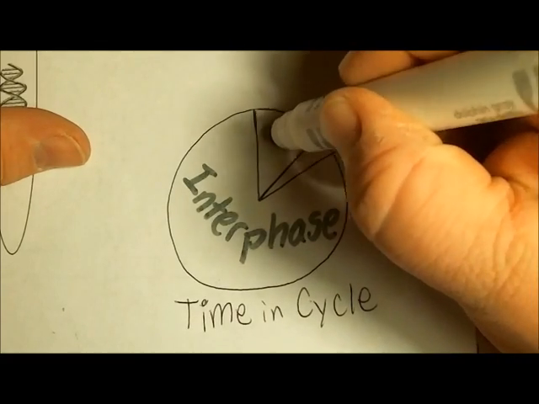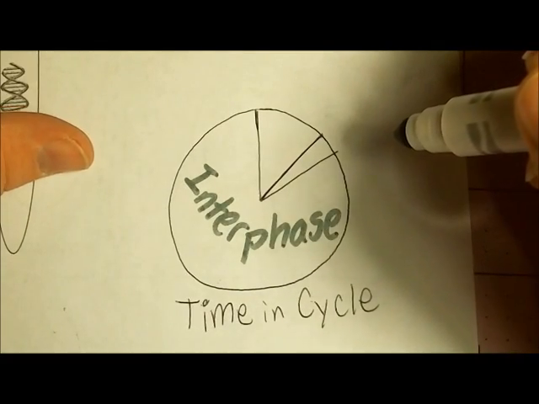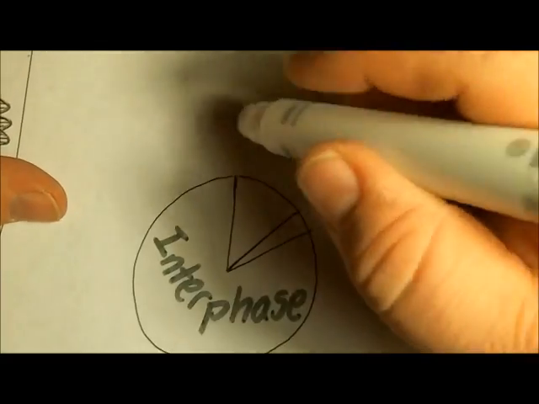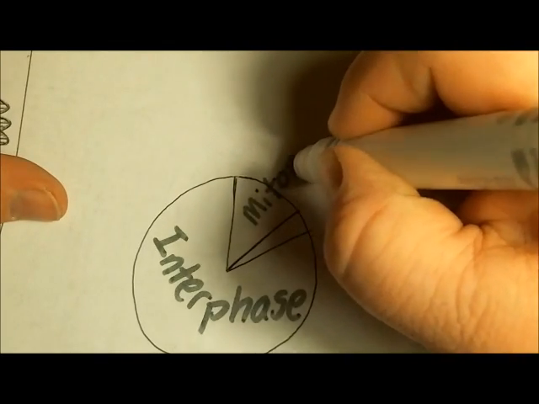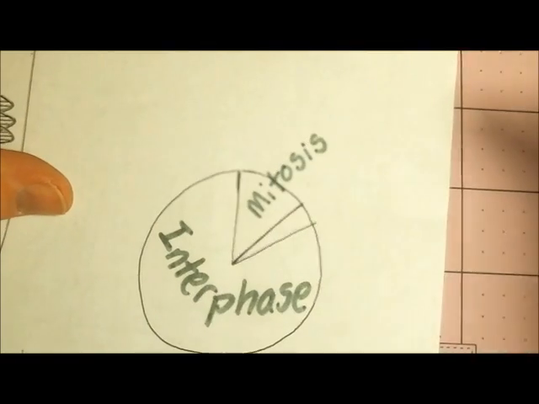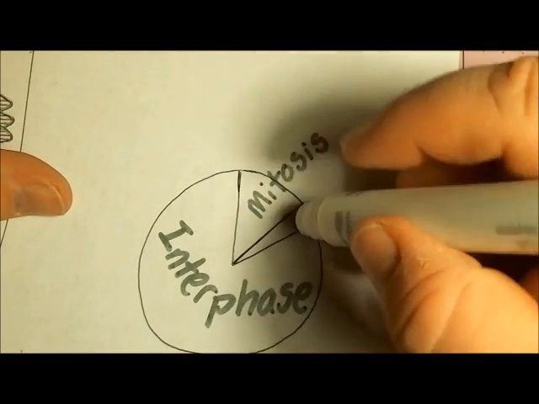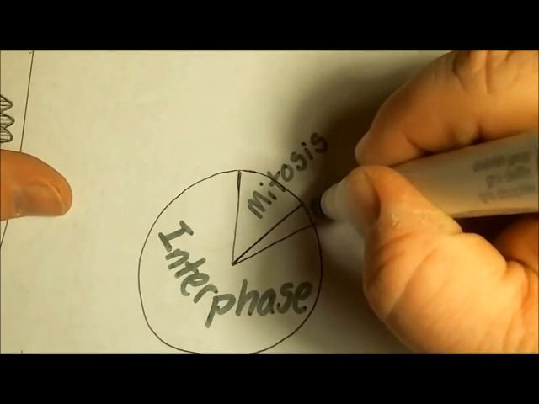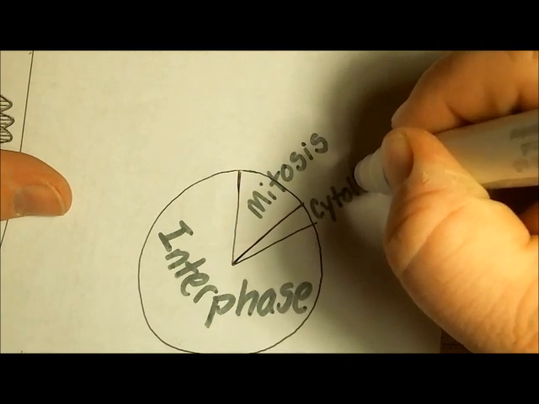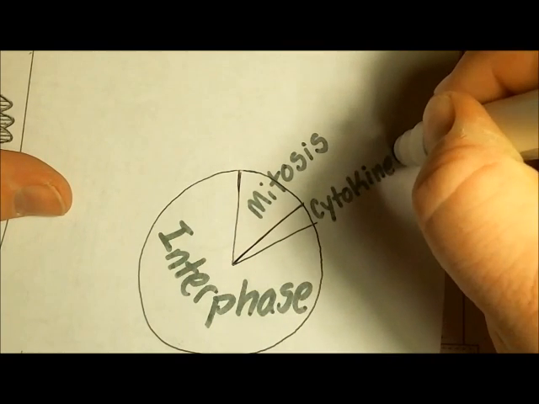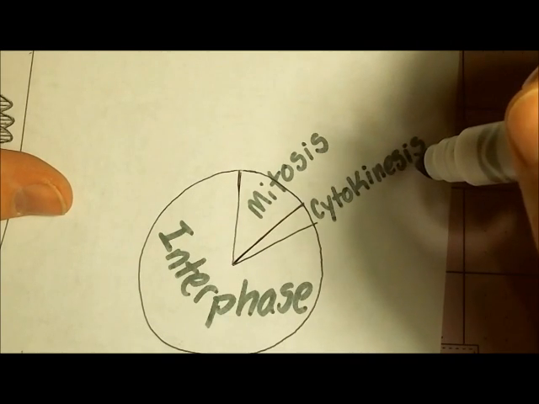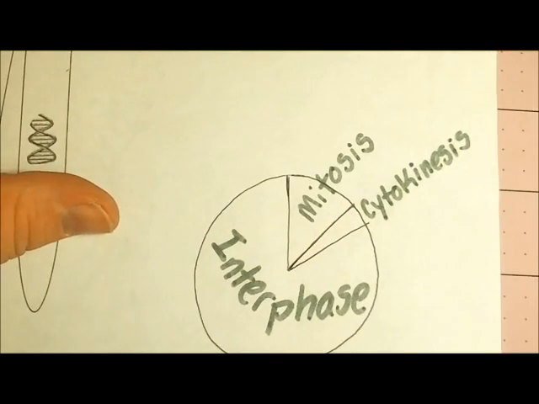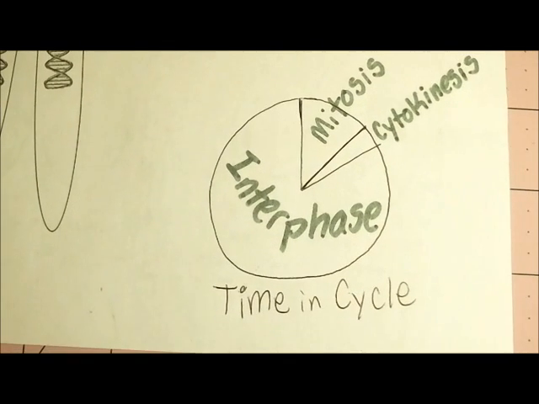Then this larger of the 2 remaining parts is mitosis. And the last part, the shortest, is cytokinesis. So cytokinesis, the longest name, the shortest amount of time in the cell cycle.